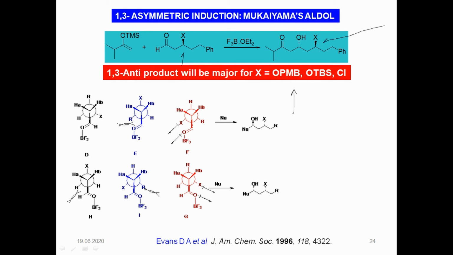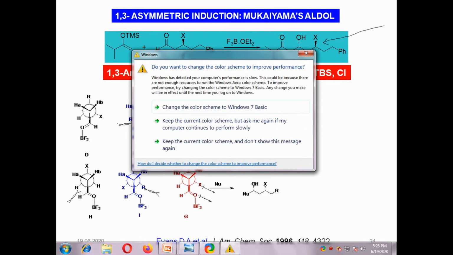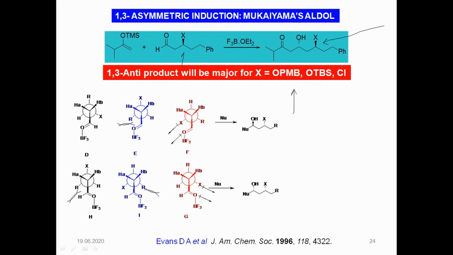If we add this enolate in the presence of acid, you will get exclusively 1,3 anti. Mukaiyama also proposed different transition states, but here we have to note that we are getting 1,3 anti. A lot of transition states were proposed, but I am not going into the details of the transition states. You can use this methodology cleverly when you want to synthesize these compounds.